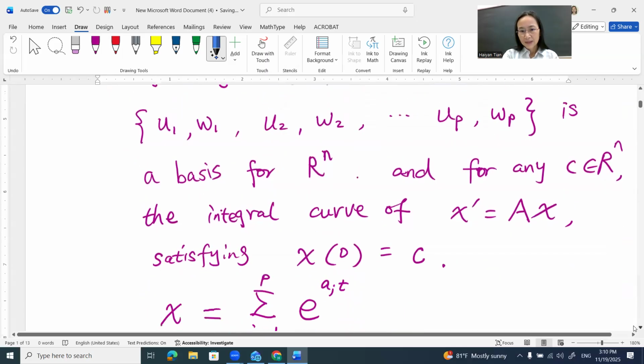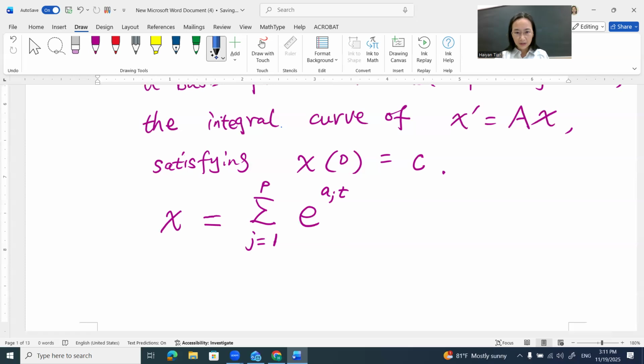So for each j, we have this e to the a_j t, and then it is multiplied by cosine b_j t. See, b_j is the imaginary part of the eigenvalue.